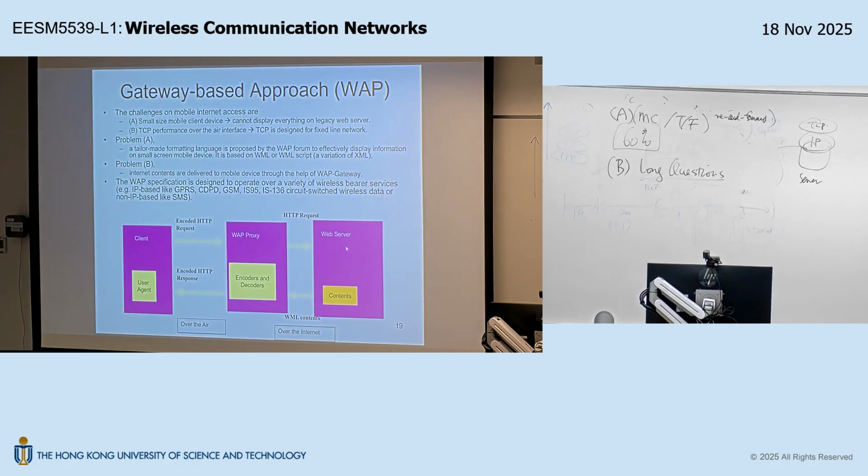Then the web server responds with WML content through the TCP socket to the web gateway. The web gateway then re-encodes the standard HTTP response into an encoded response. This part is proprietary. In this way, you are able to display the content with the help of the web proxy or web gateway. So that was the arrangement.